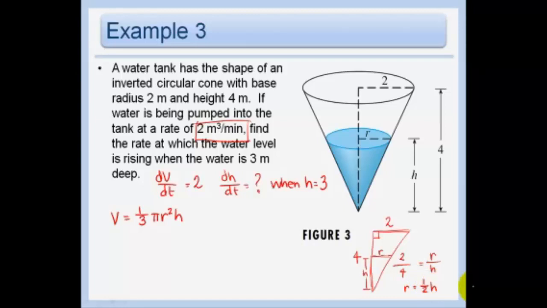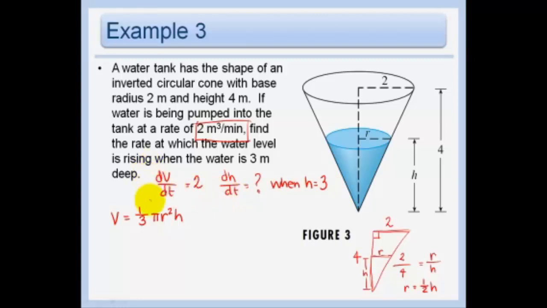Now how do I know which one to solve for? Basically, we want dH dt at the end of the day. So we would like this to only have h as the variable. I want to substitute something with an h for the r, so that's how I know which of the variables to solve for. Again, I have to look at this information.